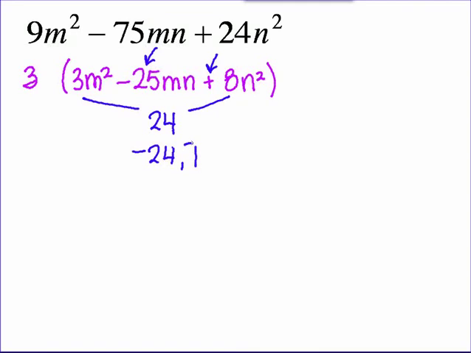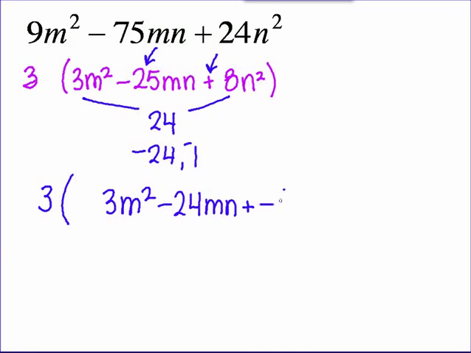Now, we still need to leave that 3 on the very outside, because we've taken it out from the original problem. So we're going to leave that 3 outside, and treat this like its own little thing. So I get 3m squared minus 24mn, plus a negative 1mn again, and then plus 8n squared.